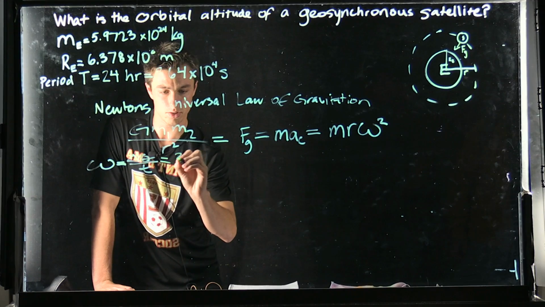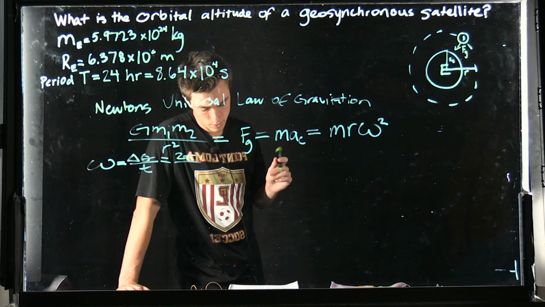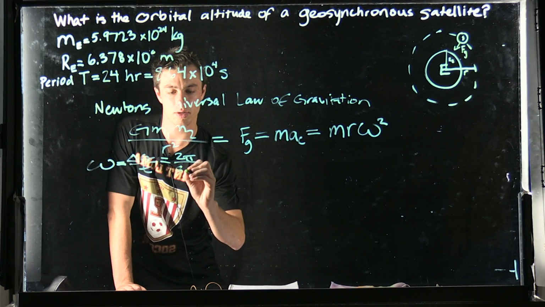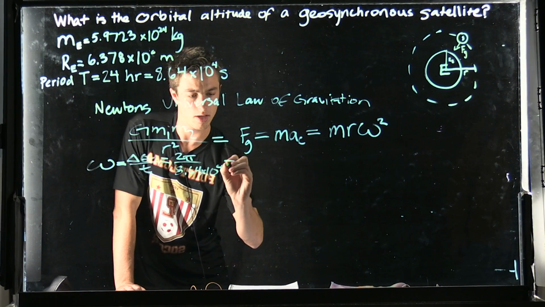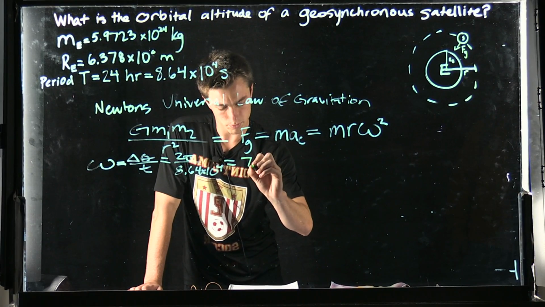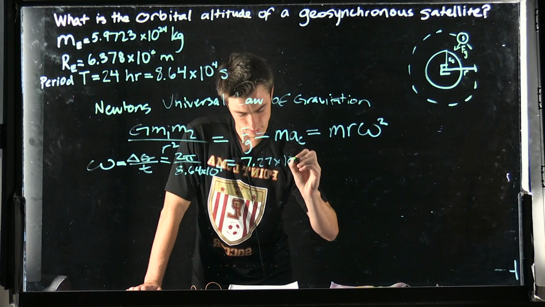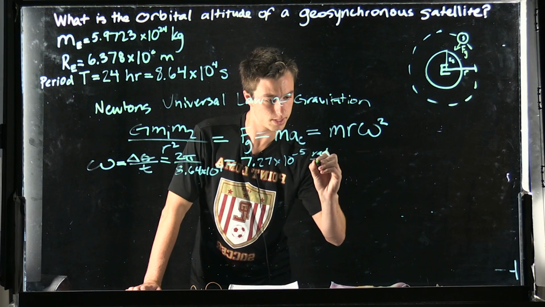So that's 2 pi over 8.64 times 10 to the 4th, and that equals 7.27 times 10 to the negative 5th radians per second.